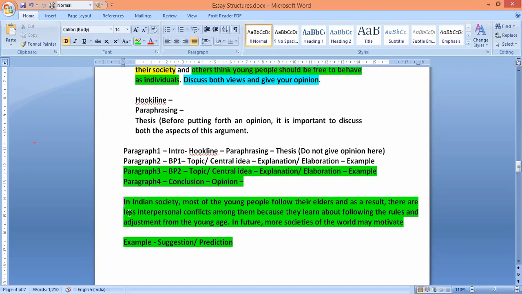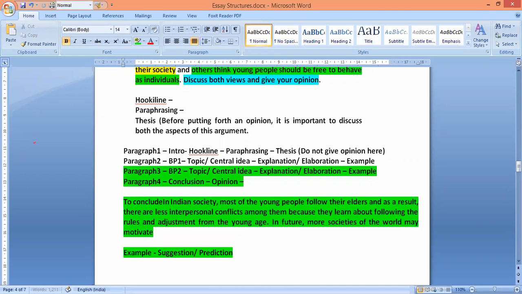For example, you can say, to conclude, although, because you have to discuss both the sides, you have to support that also.